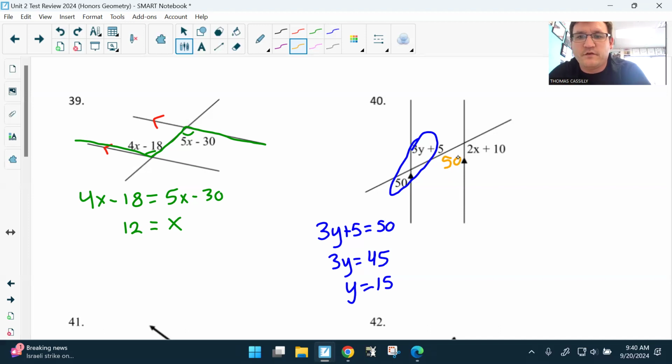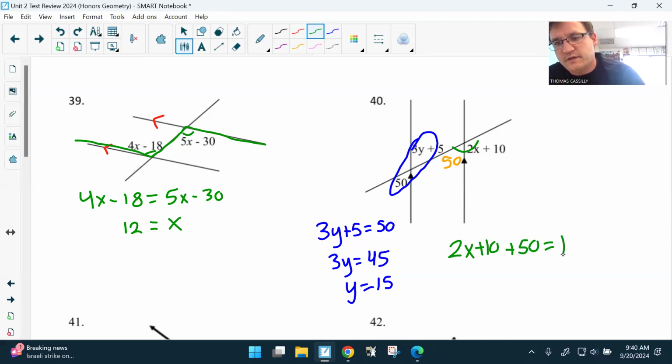All right. So if I look at these two angles right here, those are a linear pair. And we know linear pairs are supplementary. And supplementary, of course, means they add up. Those two angles add up to 180 degrees. So I'm going to take 2x plus 10 plus the 50, add them together, and that equals 180 degrees.